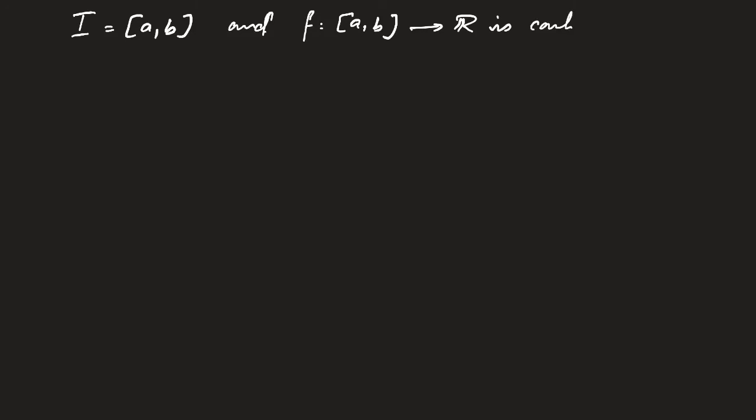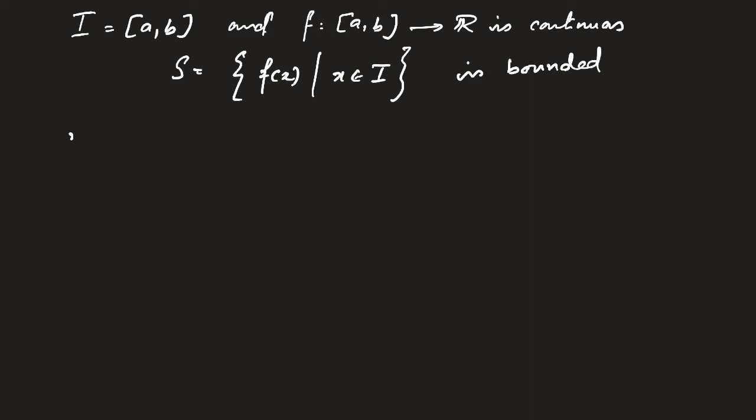So we have seen that if I is equal to [a,b], the closed interval, and f from [a,b] to R is continuous, then f is bounded. More precisely, the set S, equal to the set of all f(x) such that x belongs to I, is bounded.